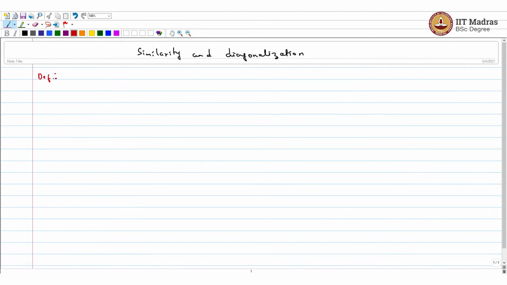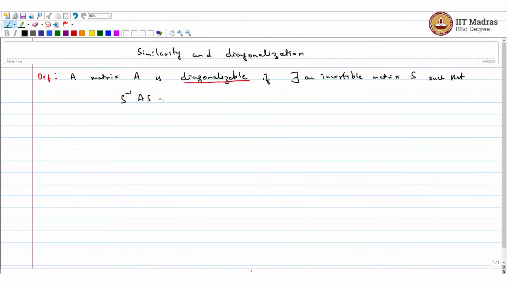So, let us start with the definition. A matrix A is diagonalizable if there exists an invertible matrix S such that if I do S inverse AS, then what I get is a diagonal matrix.